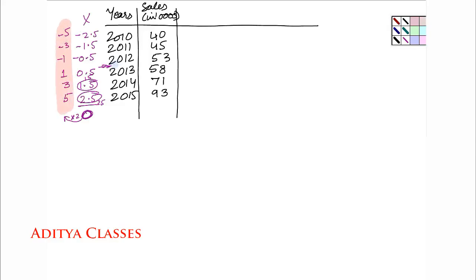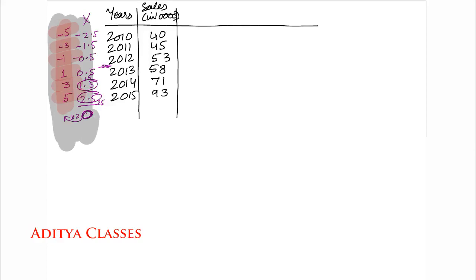What are these? The middle two values go as -1 and 1, and the remaining values move by a deviation of 2: 1 to 3, 3 to 5, -1 to -3, -3 to -5. So this is what we'll be using here.